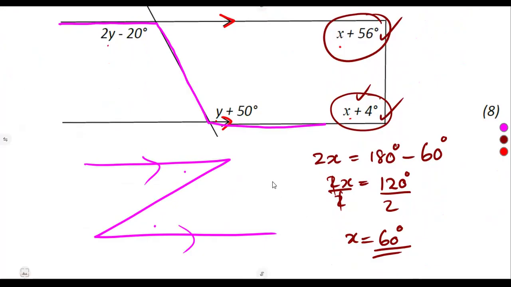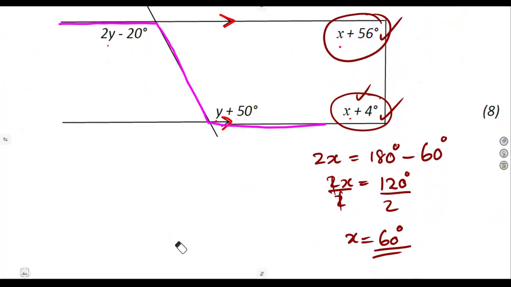Alternate angles, where we form a Z or N, are exactly the same. So the angle of 2y minus 20 and this y plus 50 are exactly the same. Just like here, we are forming a Z this way. This angle here, this angle here.